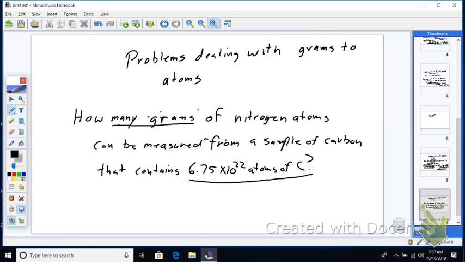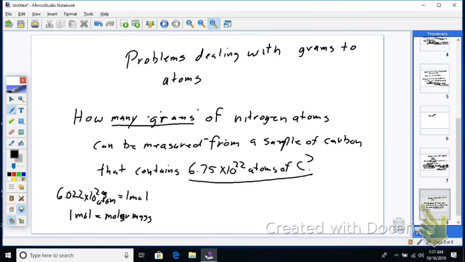Okay, on this one, we know the same connections: there are 6.022 times 10 to the 23rd atoms in a mole. We also know that 1 mole equals the molar mass in grams per mole.